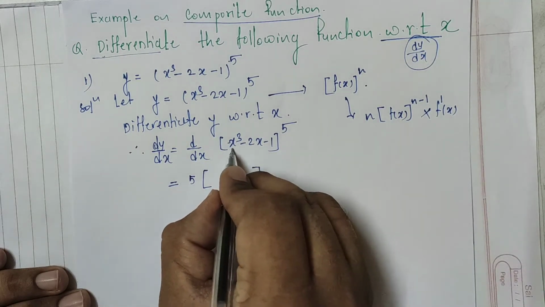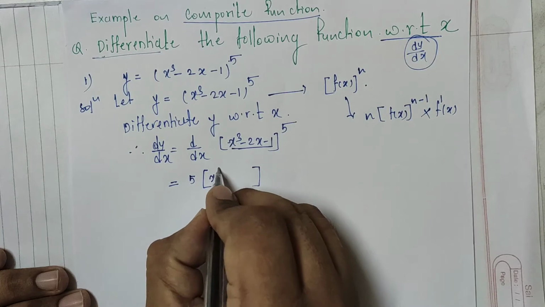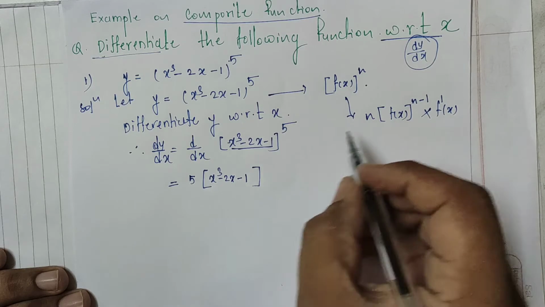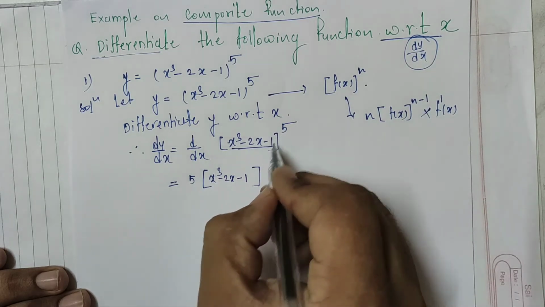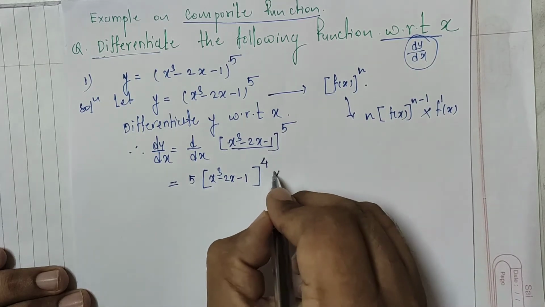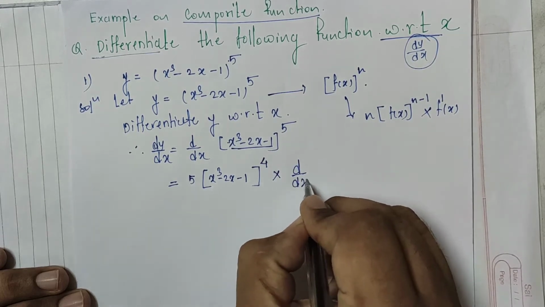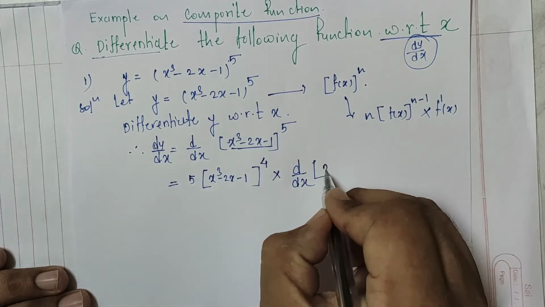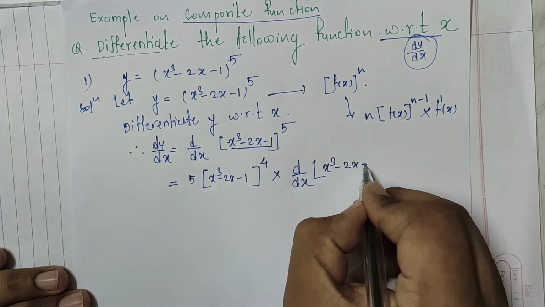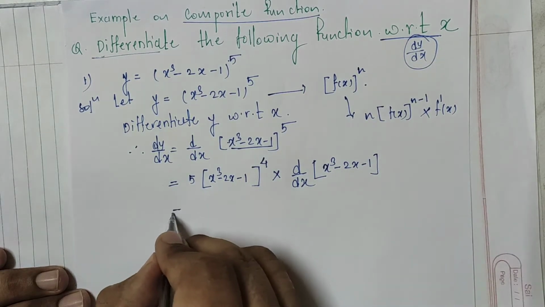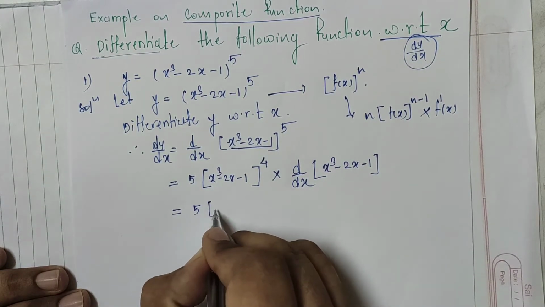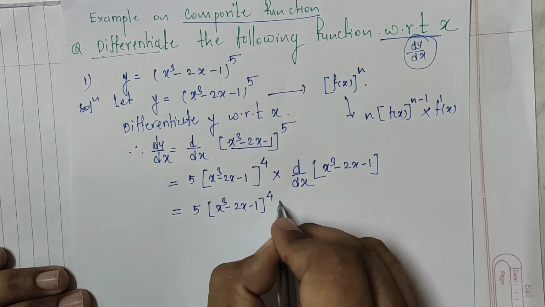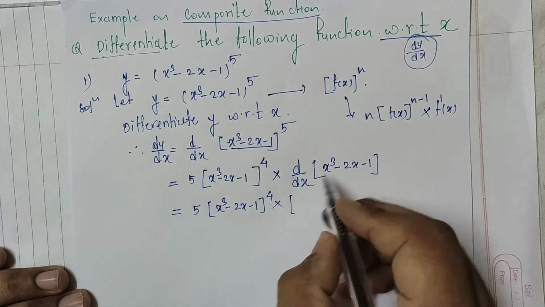What is meant by f of x? f of x means x cube minus 2x minus 1, bracket raised to 5 minus 1. n minus 1 means, n is 5, 5 minus 1 is 4, into f dash, means derivative of which function? f of x. f of x means x cube minus 2x minus 1, as it is, raised to 4 into derivative of, here are three functions.